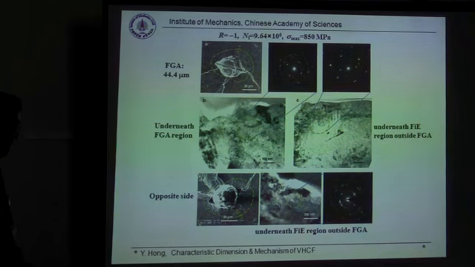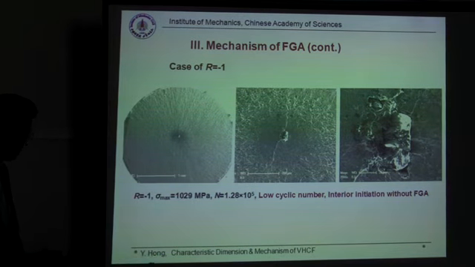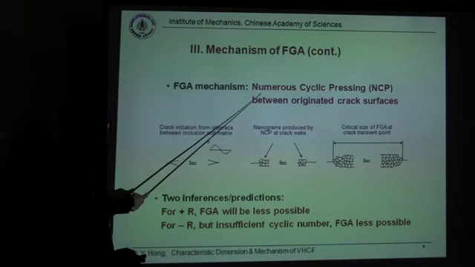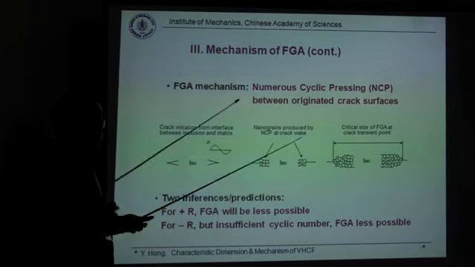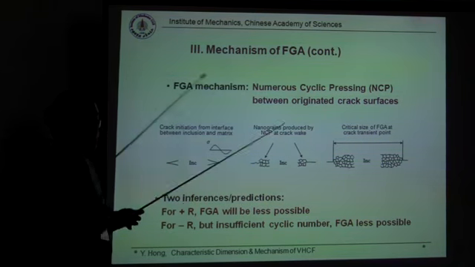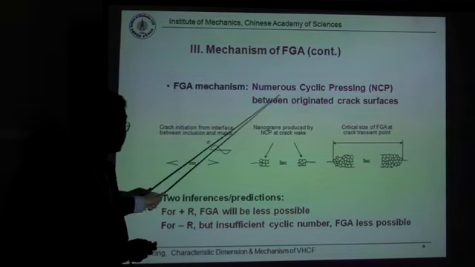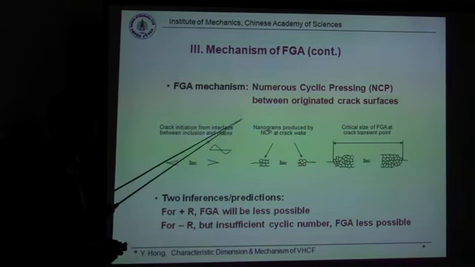Therefore, we propose the model. We propose a model of numerous cycle pressure to cause such a fine granular area. It is a kind of numerous cycle pressure between the originating crack surfaces.